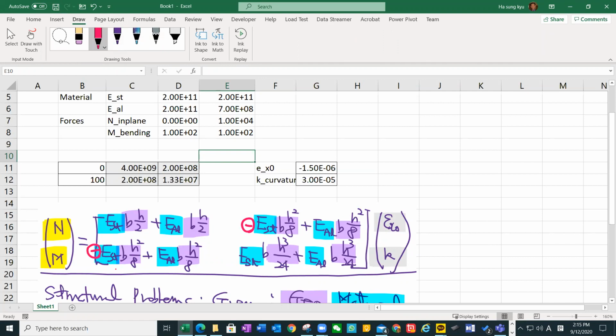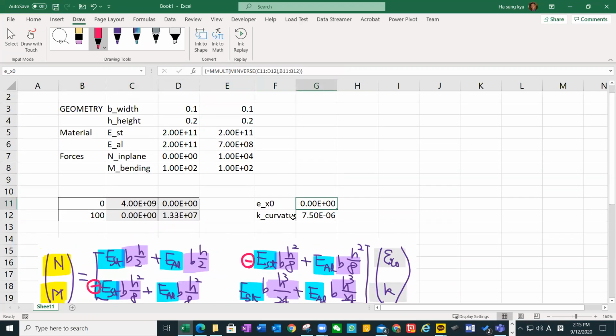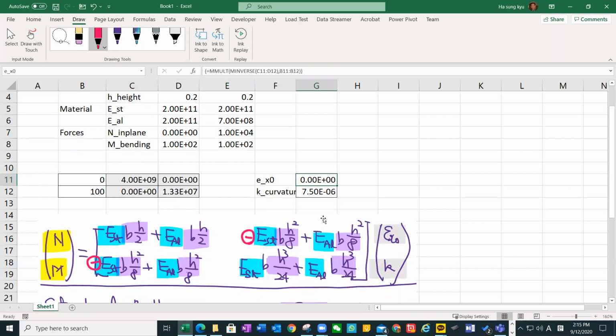But as I mentioned, this term and this term are always the same. Now this term, we have to have a minus here, and we have to have a minus here. So now, as we expect, the in-plane strain should be zero.